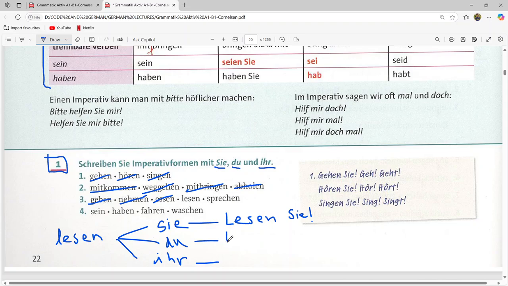In the du form it is liest, right? And only t will be removed, it will be lies. And last one, in the er form, the verb conjugation of lesen is liest. Okay. Then comes the sprechen.